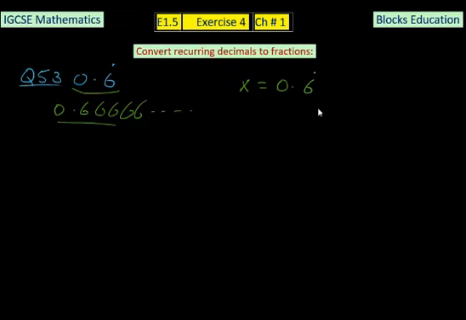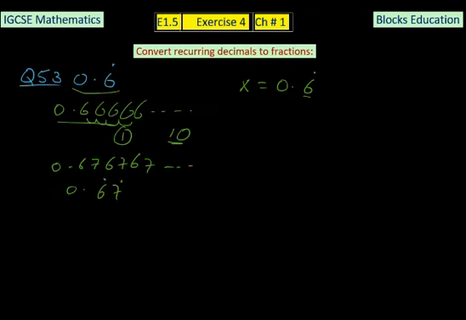And what is that number? It depends how many digits are recurring. Only 6 is repeating itself, so it's only one digit. One digit means you have to multiply by 10 on both sides. Let's suppose you have 0.676767 and so on, written as 0.67 with dots.